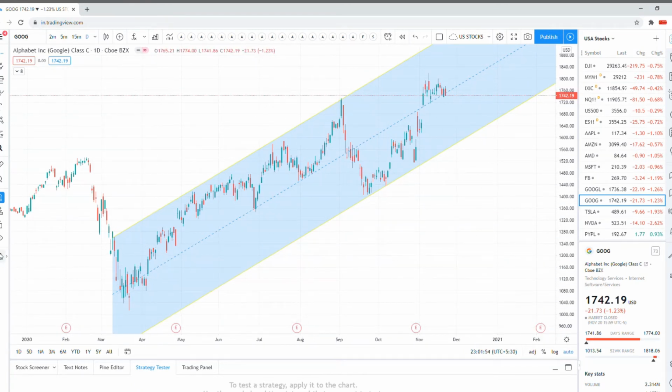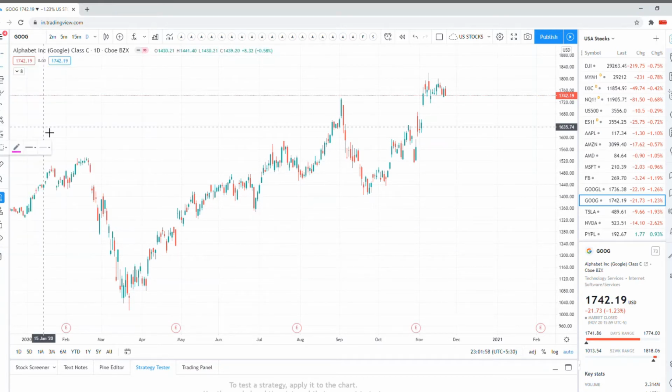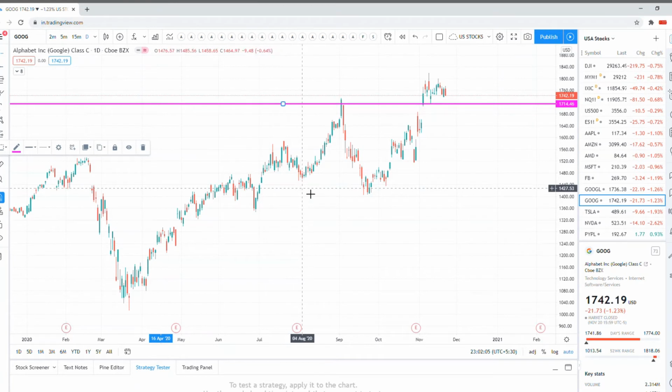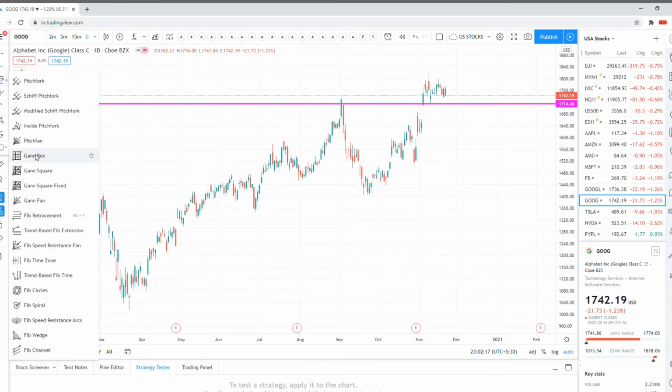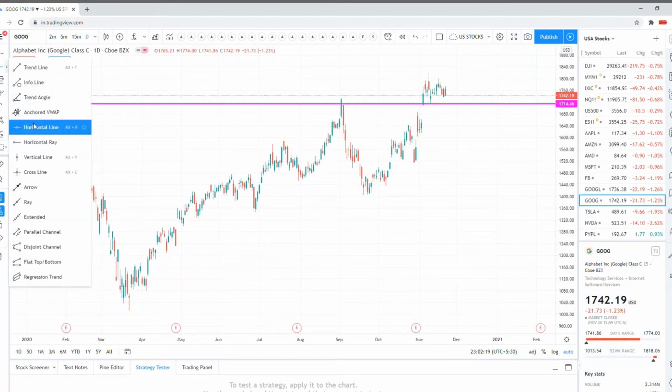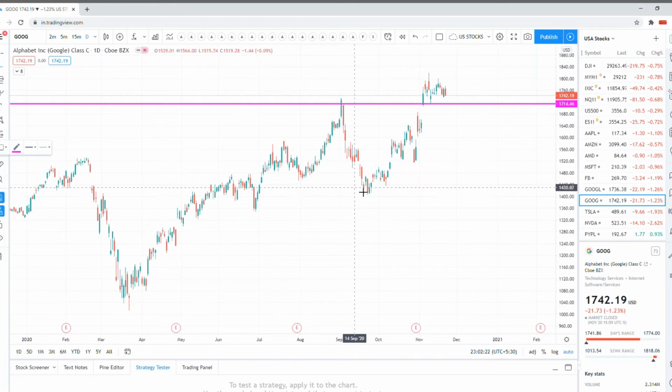Now let's go back to the classic support and resistance levels. Yeah, this is one support, this is one more. Oops, something went wrong. Okay. So this is one support level.